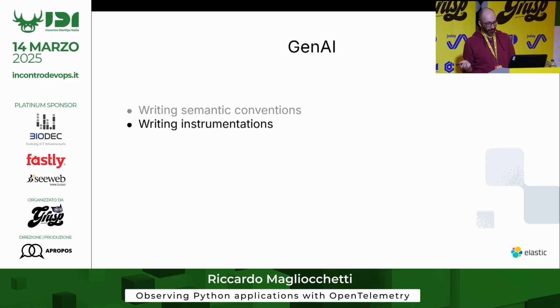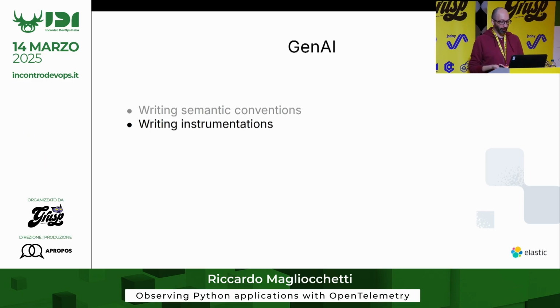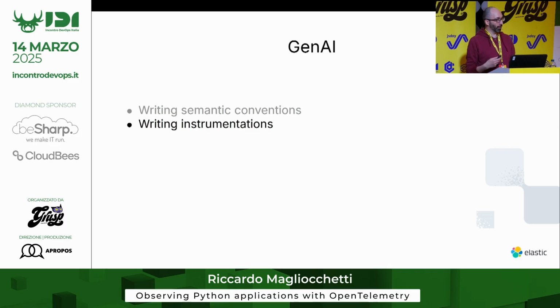And then the other part of the work is writing actual instrumentation for new libraries. And of course, when you do the actual work, you see differences or things that you hadn't planned for in the specification. So one piece of work influences the other.